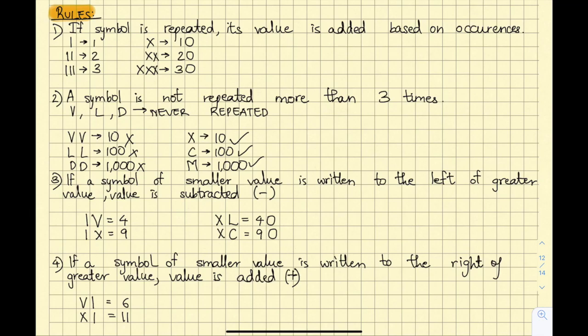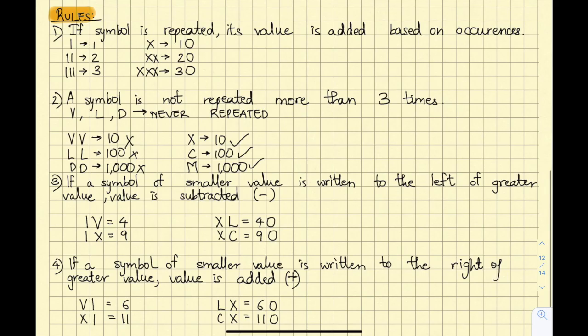Similarly, if I add X to L, that is 50 added with 10, it will give you 60. Along with C, that is 100, I add 10. This will be giving us 110, and so on. Now we move on to the next rule.